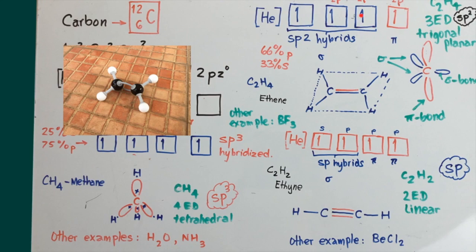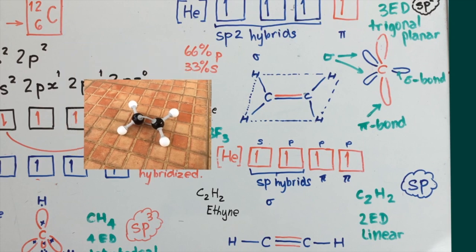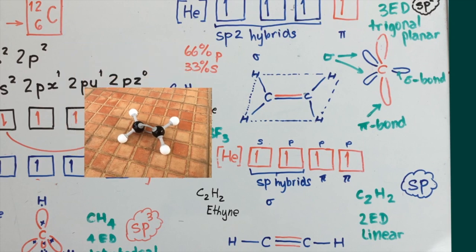These sp2 hybrid orbitals would then have 33% s character and 66% p character. But with these 3 equivalent orbitals being formed, it means that a molecule like C2H4 would have 3 identical bonds from the 3 electron domains created as a result of the sp2 hybrids.